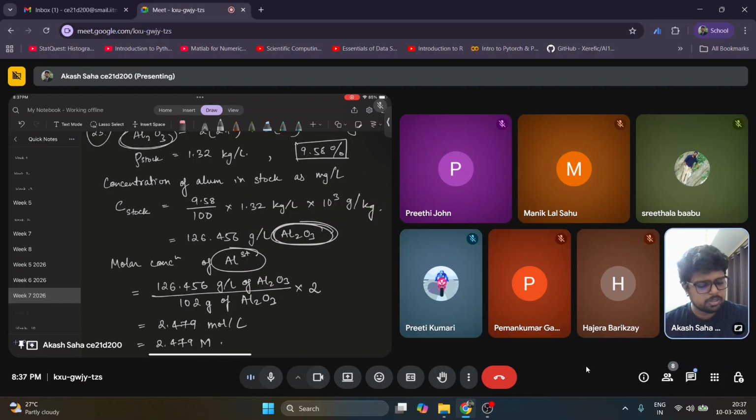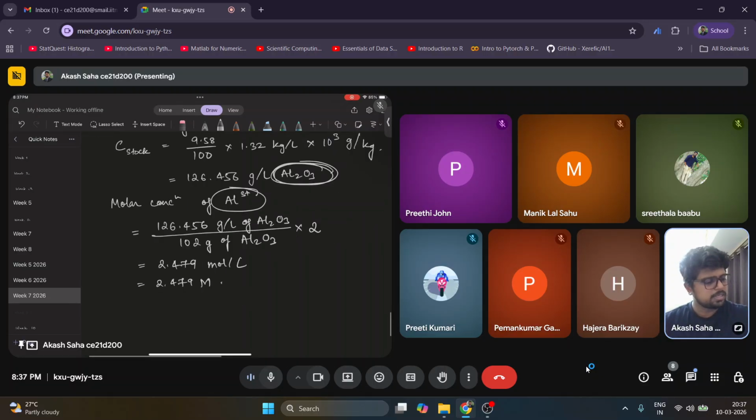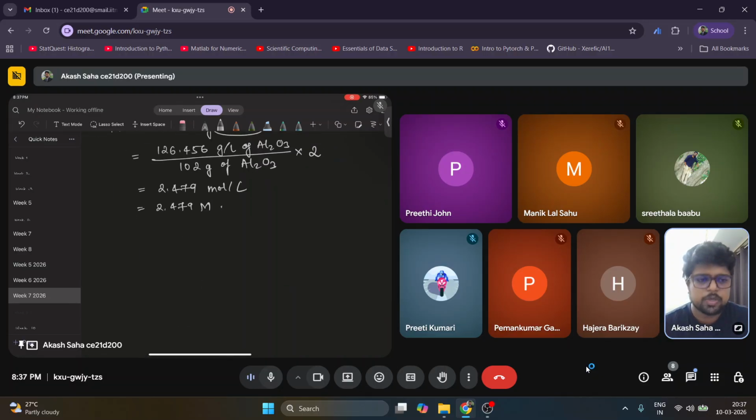Now let's see how to report in terms of alum, like Al2(SO4)3·14H2O. We calculate the molar mass first. It will be 2 into 27 plus 3 into 32 plus 26 into 16 plus 28 into 1, which is 594.